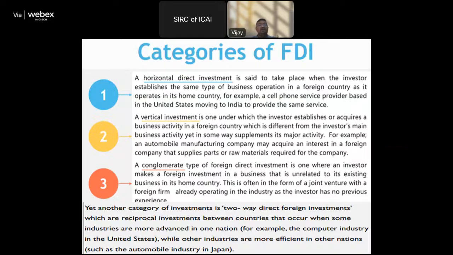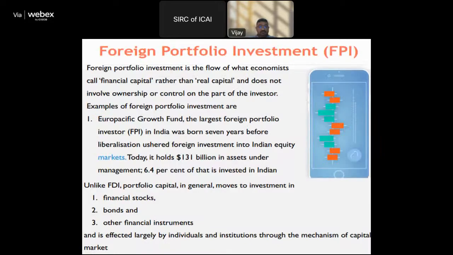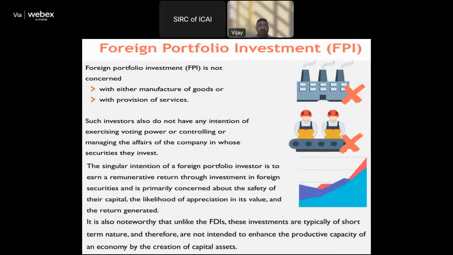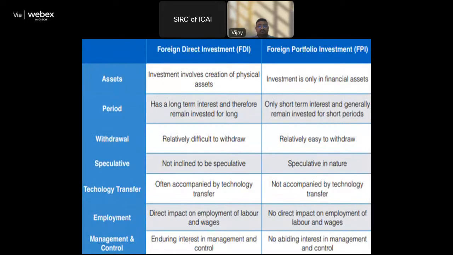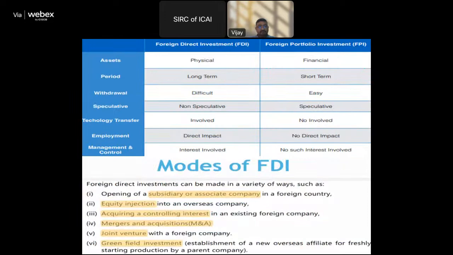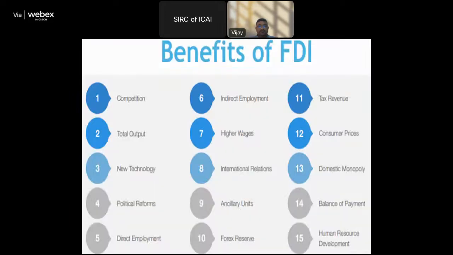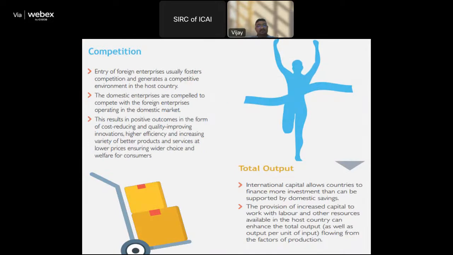Then we call it a conglomerate type of foreign direct investment. Then foreign portfolio investment. Again, there are advantages and disadvantages of foreign investments.